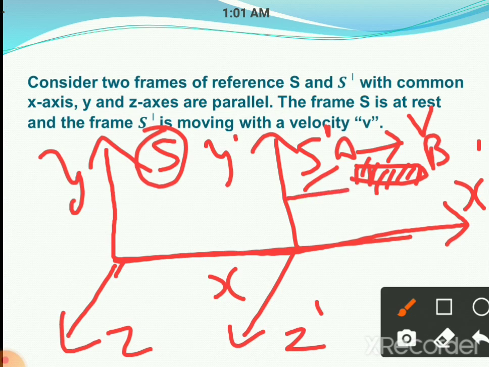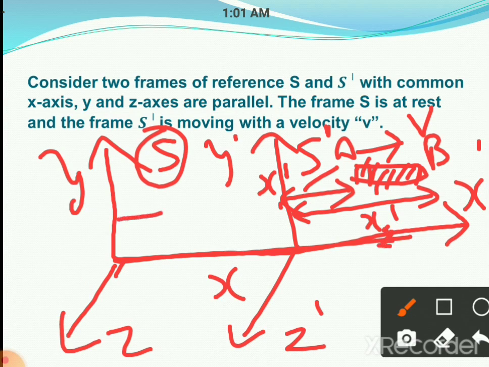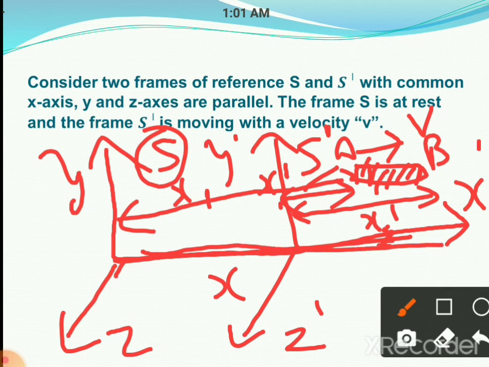So the distance between these two is x1 dash and this will be x2 dash, and from S to this will be x1 and from S to x2 total will be x2.